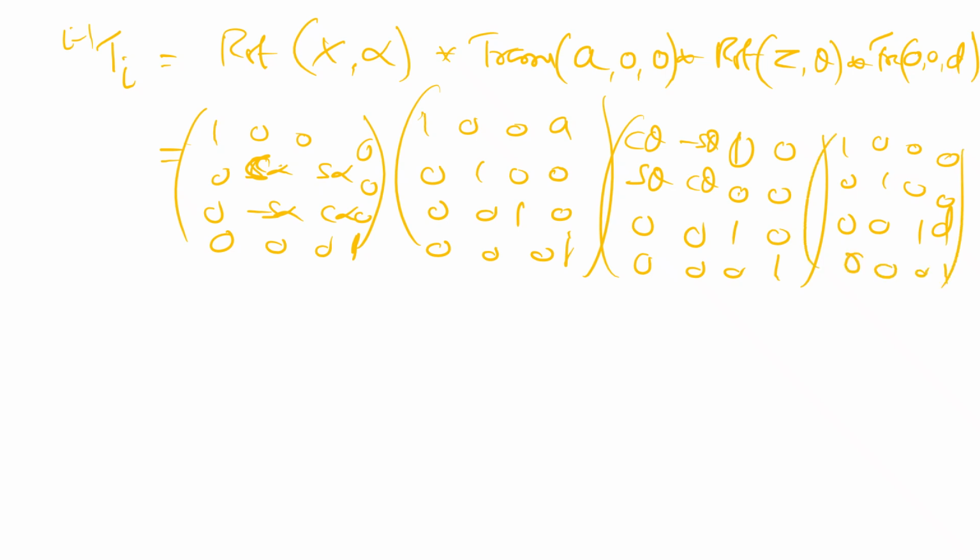So this is the basic thing. Now we have to multiply everything. I will give you the final matrix. So what is that matrix? These are the transformation matrices.